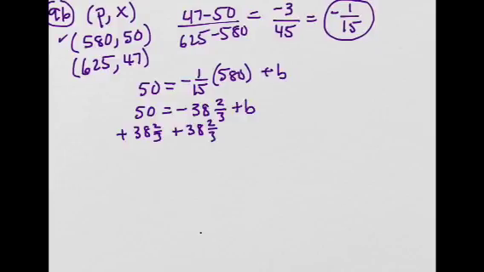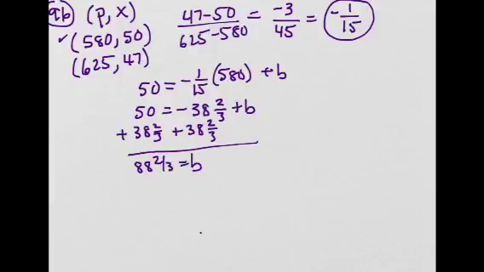When I used my calculator, I got negative 38.666 forever. You know that when that is the case, it's actually 2/3. 0.6 never ending is 2/3. So I added 38 and 2/3 to both sides, and that gave me B equals 88 and 2/3.